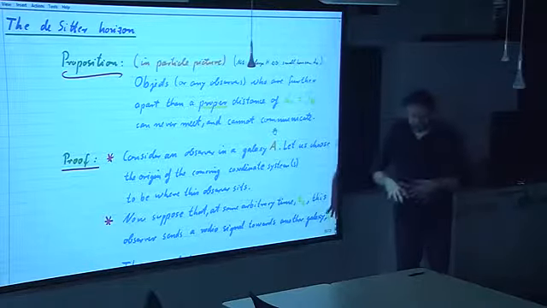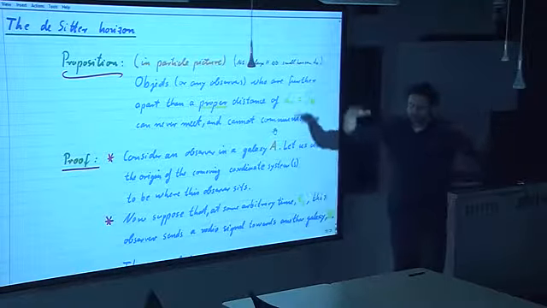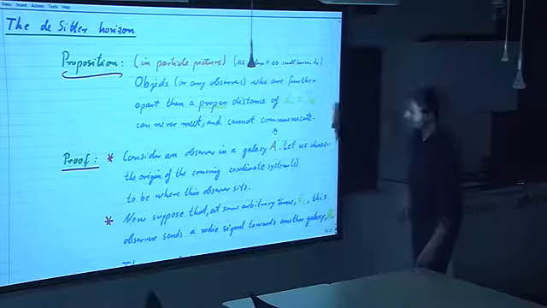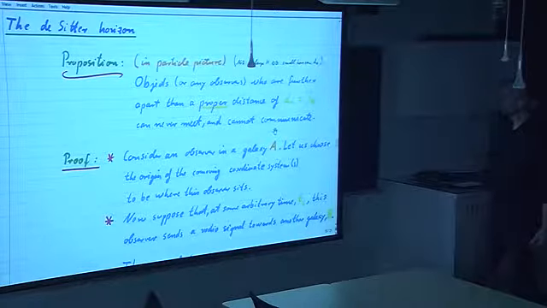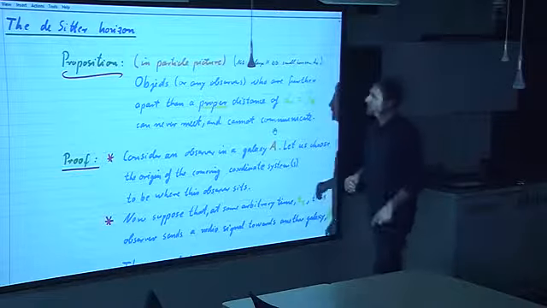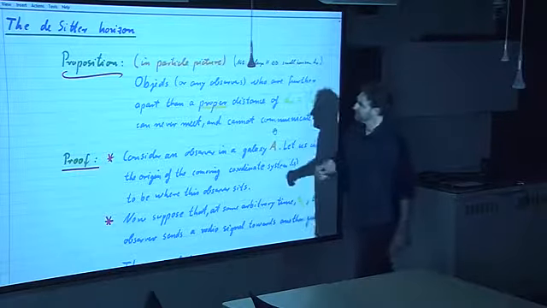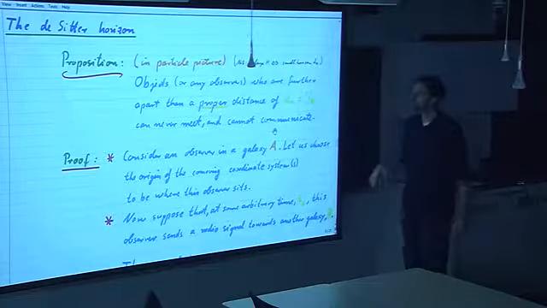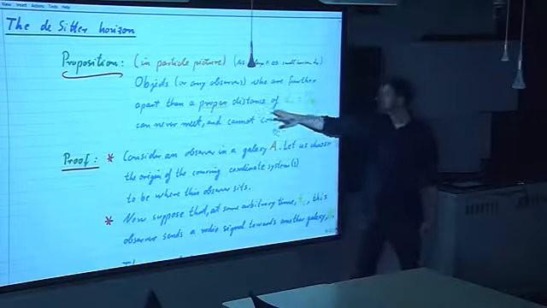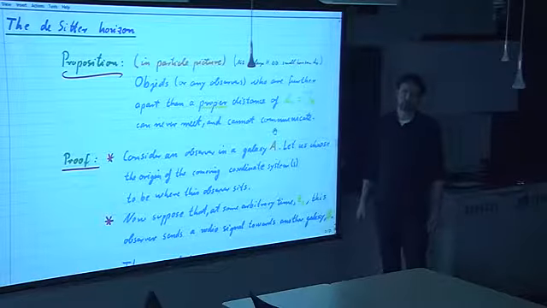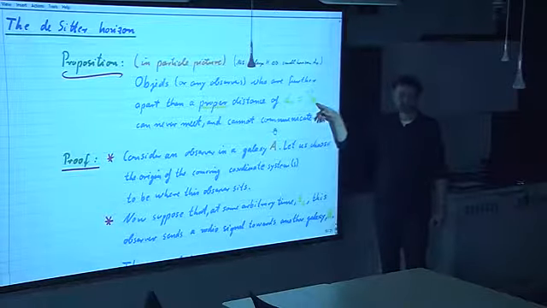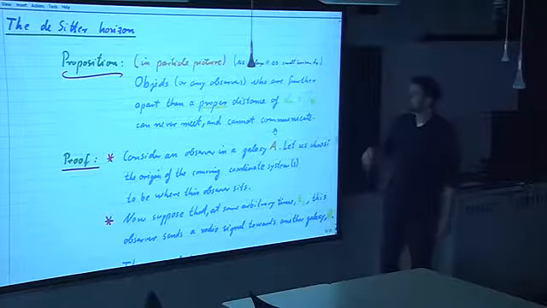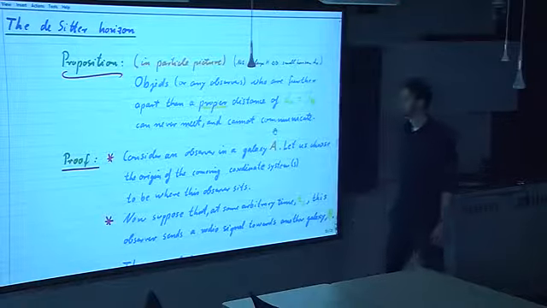The existence of a horizon due to expansion has dramatic effects on both, on particles and on waves. So the proposition is this: objects, or any observers, who are further apart than a proper distance of 1 over H, the horizon size, can never meet, cannot communicate.